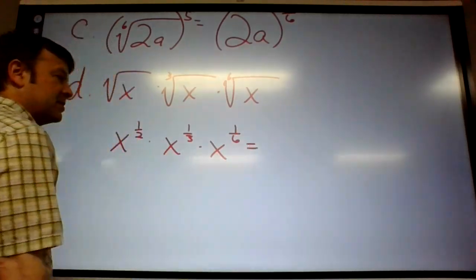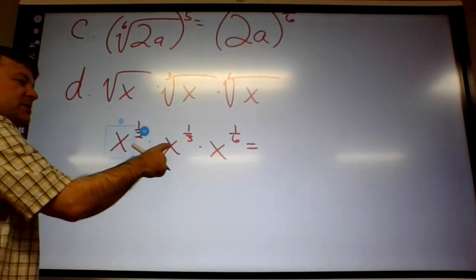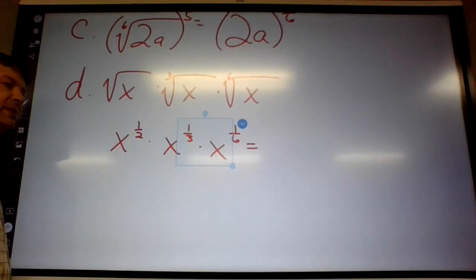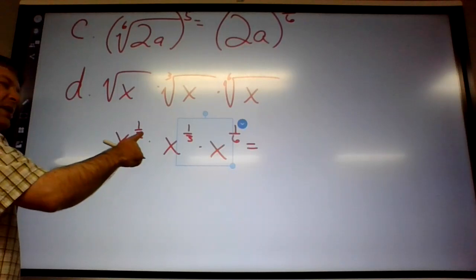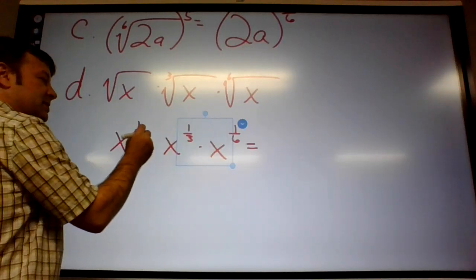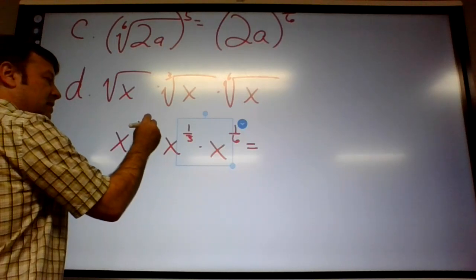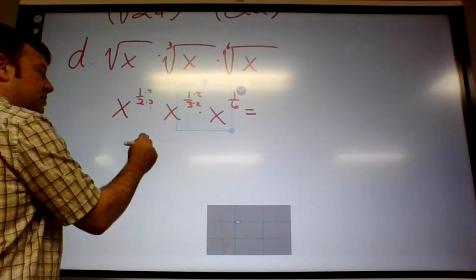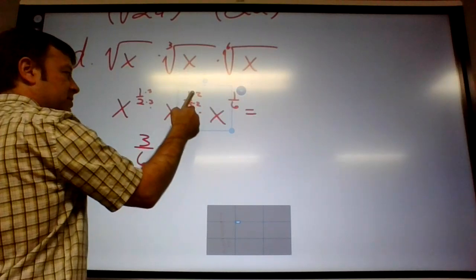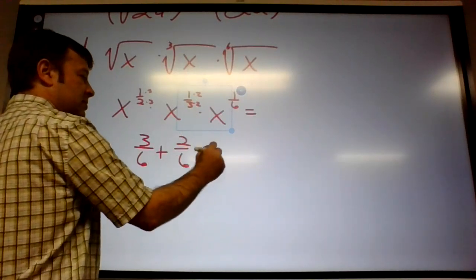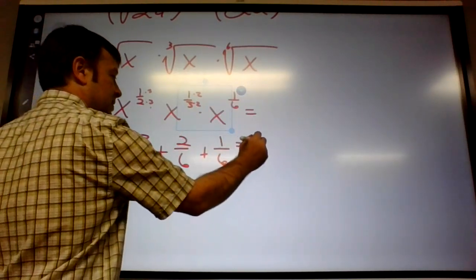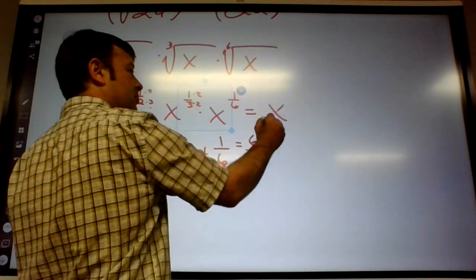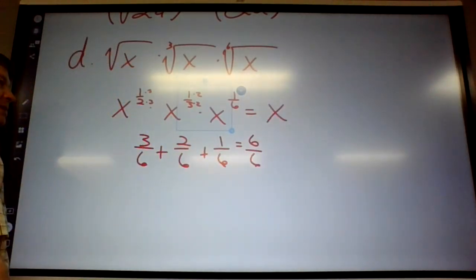Okay, this simplifies though, right? When we're multiplying the same base, what do we do with the exponents? Add. So what's 1/2 plus 1/3 plus 1/6? Need a common denominator. So it's 3/6 plus 2/6 plus 1/6. 6/6, which is 1. So this is x to the 1, or just x.